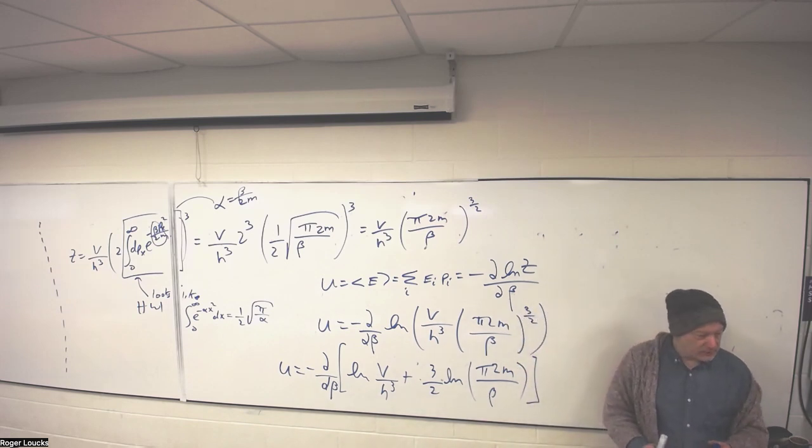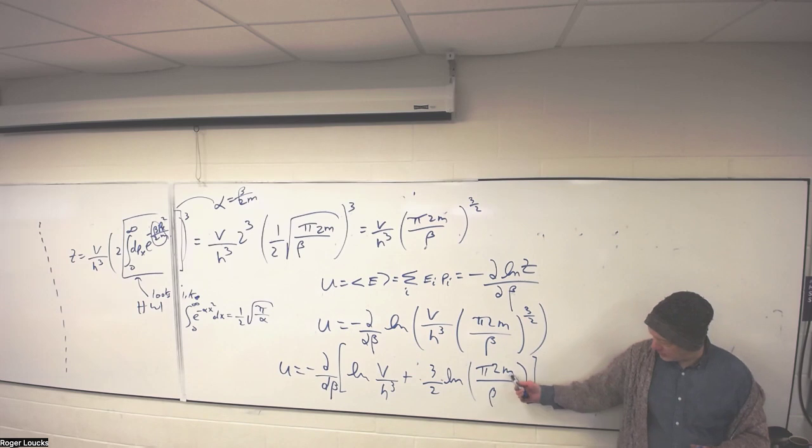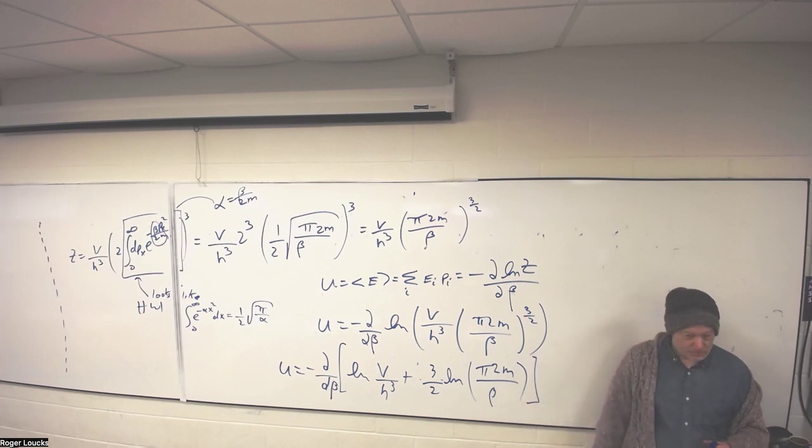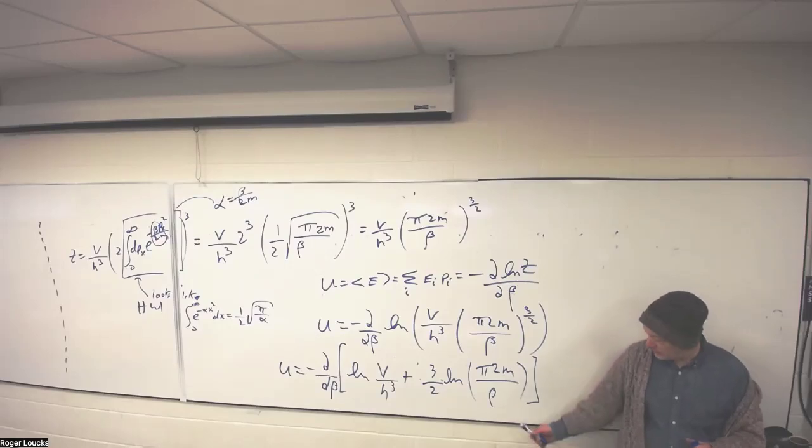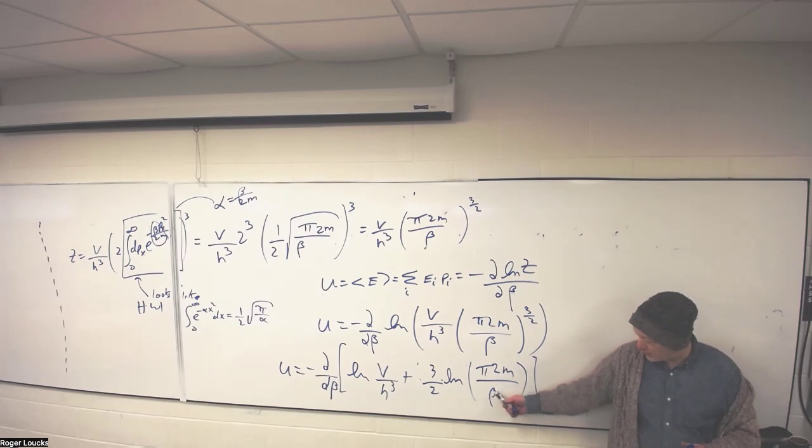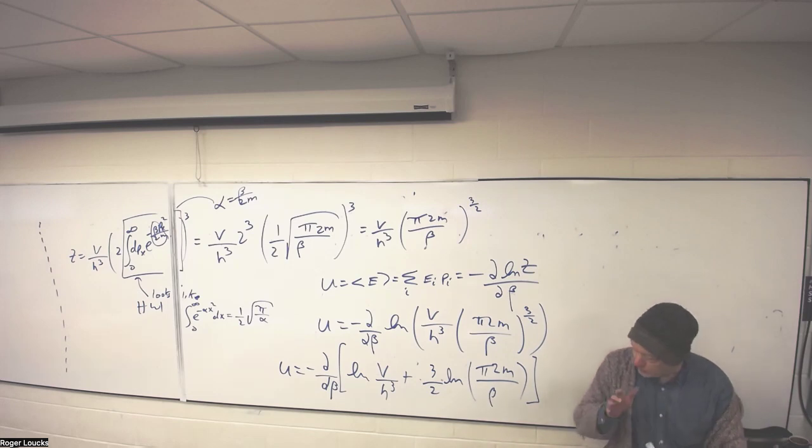And I still want to be lazy. Can I do anything with my friend here? Yes, you can just move that again, keep the 2 pi m in there, and minus 3/2 ln beta. This is basically some quantity over another quantity. I'm taking the logarithm, so this is going to be the logarithm of the top minus the logarithm of the bottom.